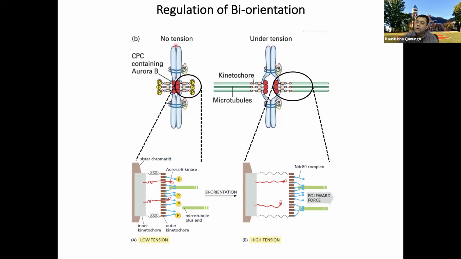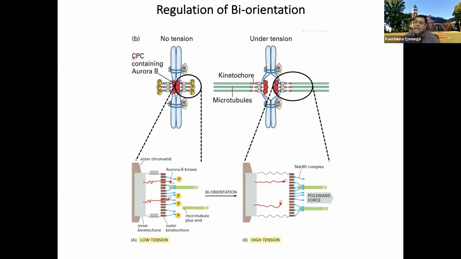So right here, now you have these two sister chromatids, and they're secured by these cohesin molecules. And what you're looking at right here is your inner and the outer kinetochore. And what I want to point out is that all these red proteins are riding onto this centromeric region of the chromosome, and this is known as the CPC, or the chromosome passenger complex.